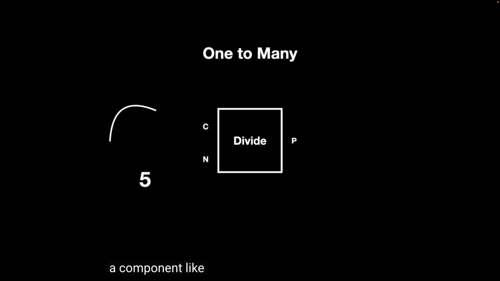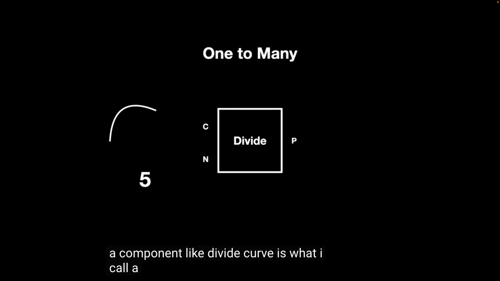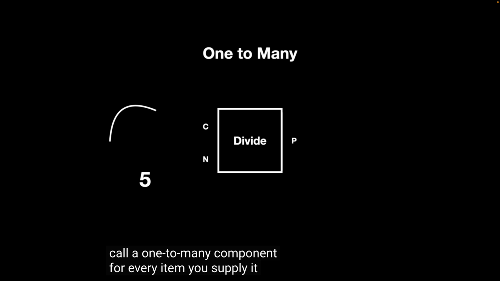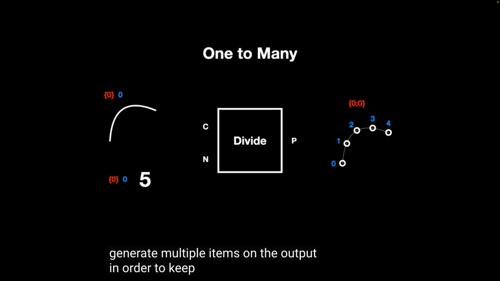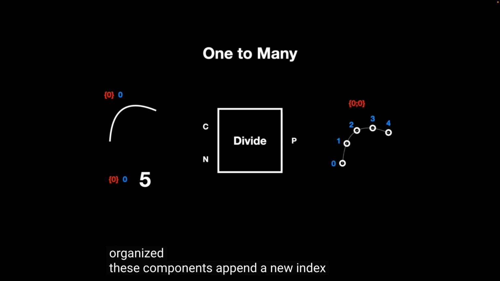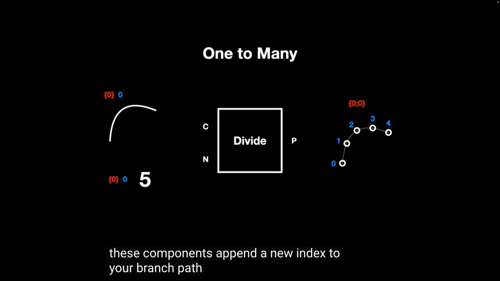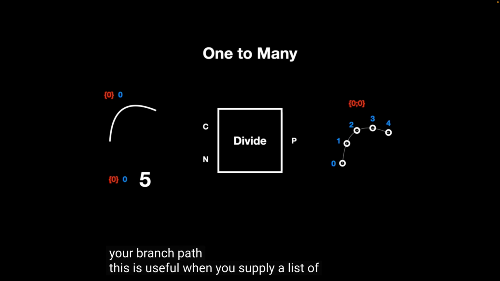A component like divide curve is what I call a one-to-many component. For every item you supply it, it will or can generate multiple items on the output. In order to keep your resulting data organized, these components append a new index to your branch path. This is useful when you supply a list of inputs.